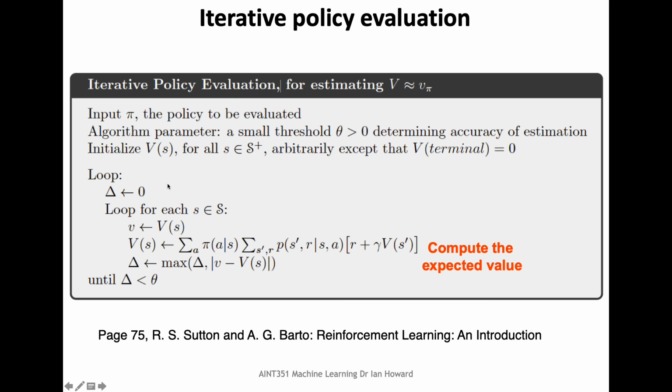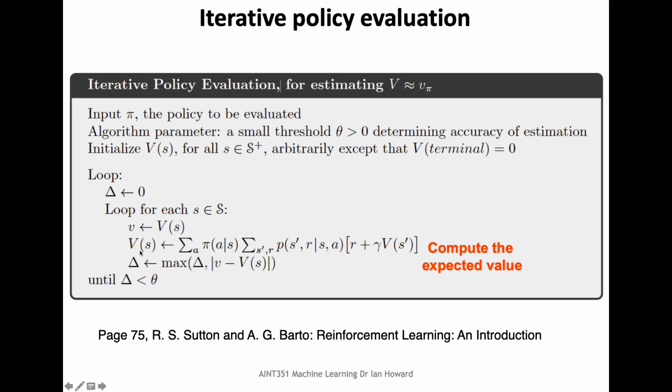And then we've got a loop across each state. For each state, first of all, we make a copy of the value function, and then the value function is given by the equation we just discussed.